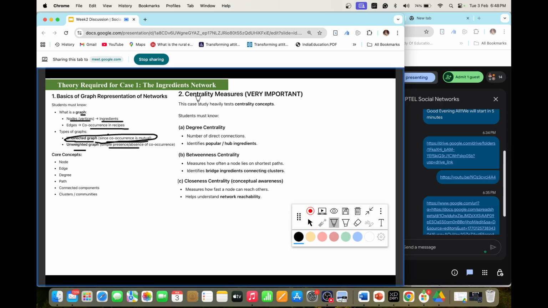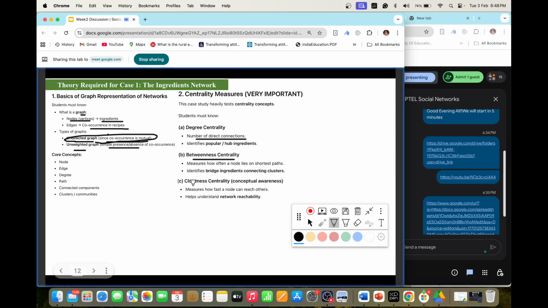Then the centrality measures. There are three important centralities that should be discussed. One is degree centrality, the number of direct connections, which identifies popular hub ingredients. Betweenness centrality measures how often a node lies on the shortest path, identifying bridge ingredients connecting clusters.